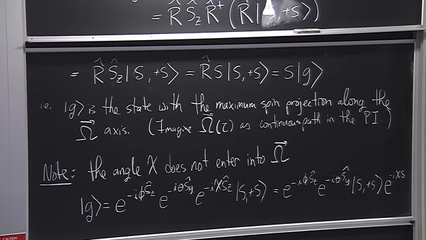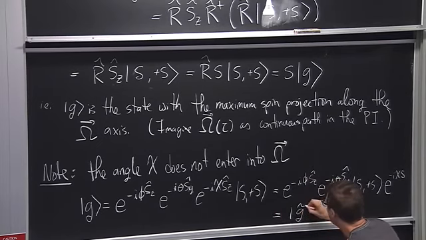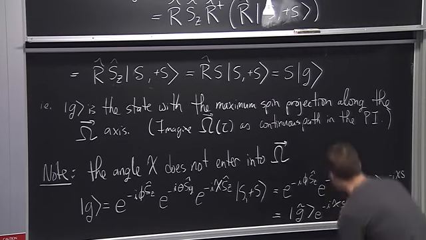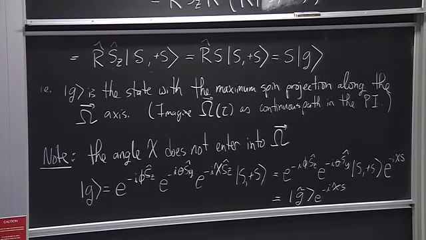So all it's doing is multiplying your state by some overall phase factor. So you could call this state G tilde and a phase, if you wanted to.